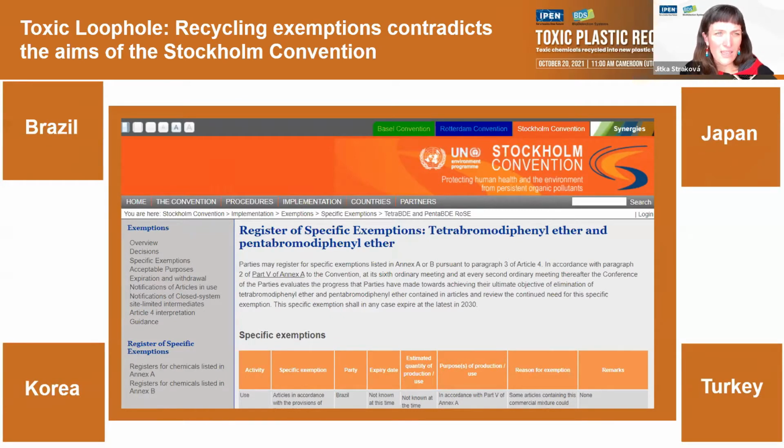Until today, there are four parties to the convention who keep their recycling exemptions registered: Brazil, Japan, South Korea, and Turkey. Fortunately, the European Union, one of the main players of recycling policy worldwide, decided to withdraw their recycling exemption in 2019.